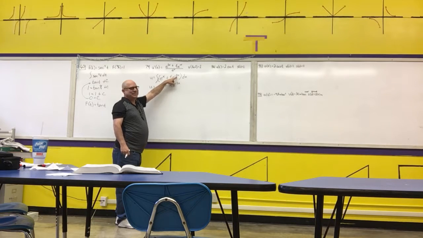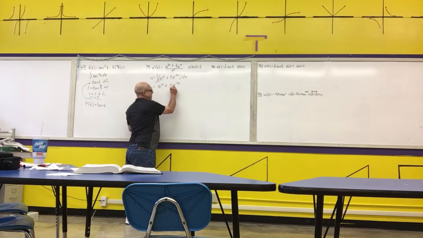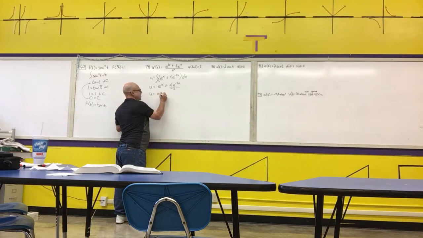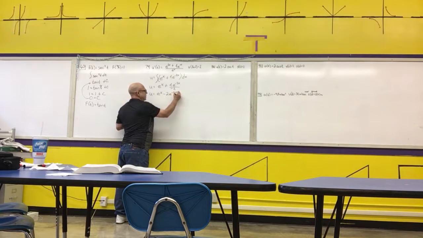But since I'm taking the antiderivative, I'm going to divide by the derivative of the inside function. The derivative of negative 2x is negative 2. So I'm going to divide this by negative 2, which simplifies to e to the x minus 2 e to the negative 2x plus c. And I'm going to put the plus c up here also.